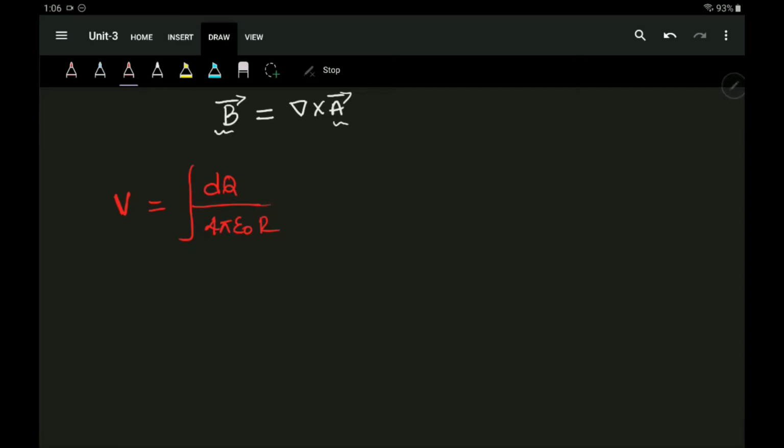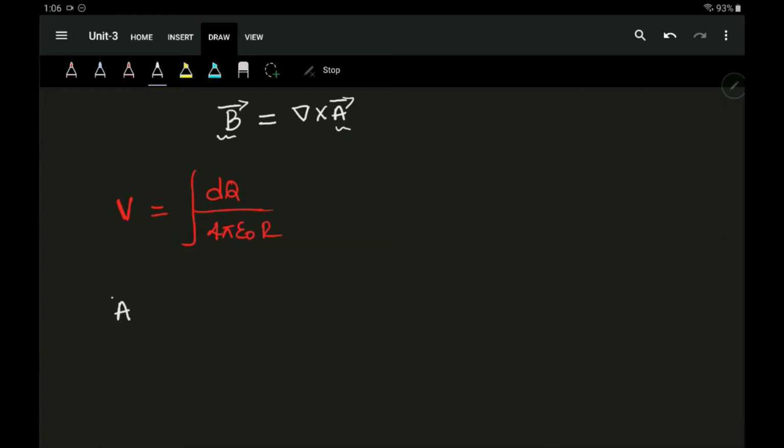If I want to define that with respect to my vector magnetic potentials, vector magnetic potentials can also be defined in the same way. Here I can define the line integral of mu naught I times dl divided by 4 pi r.